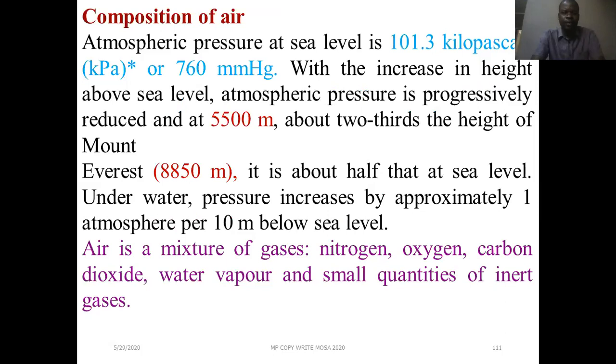Composition of air. Atmospheric pressure at sea level is 101.3 kilopascals, or 760 millimeters of mercury. With the increase in height above sea level, atmospheric pressure is progressively reduced.